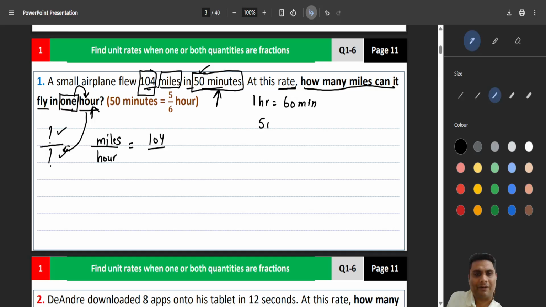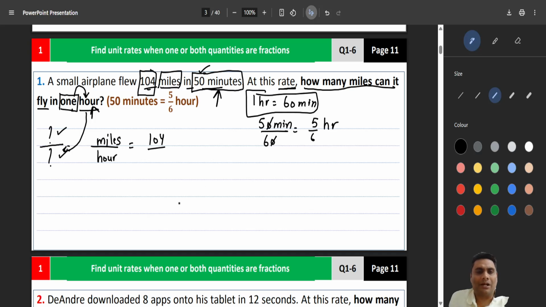So if I divide the 50 minutes by 60, it will become hours. How many hours? See, there is a 0 in the last here, a 0 in the last here. They are gone. So this is 5 over 6 hours. So remember, whenever minutes are given and you want to change them into hours, you have to divide the minutes by 60. Why? Because in 1 hour there are 60 minutes.